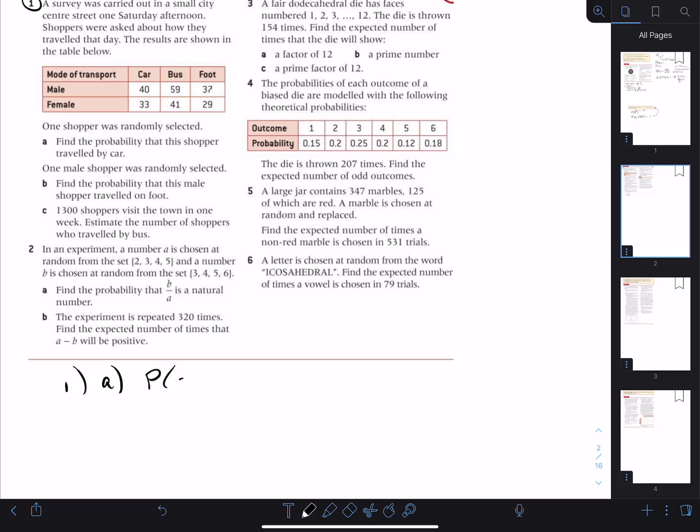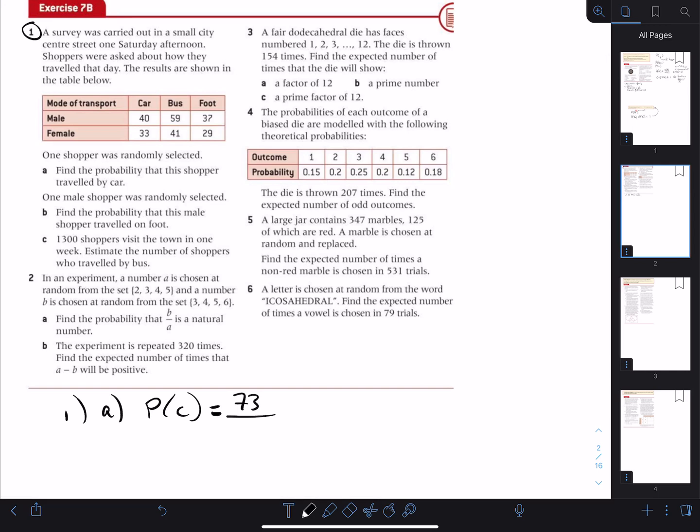So probability that it was by car. You can write C or car or whatever. So how many are in cars? 73 out of how many? Well, you got to add all those up. Did they add that up for us? No. Oh, such a pain. Okay, to the calculator.